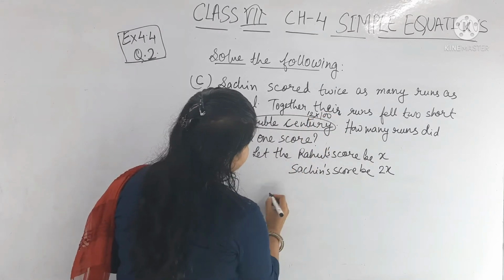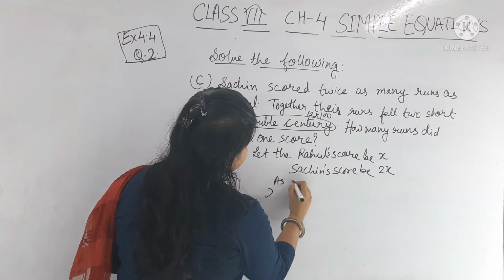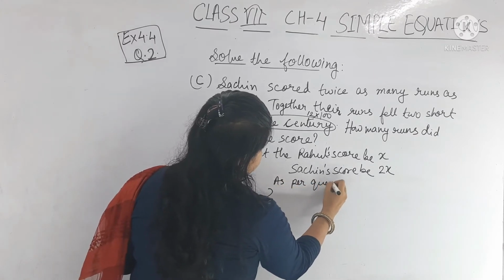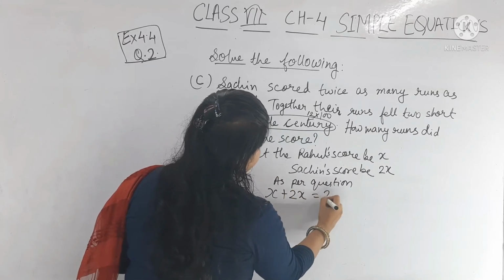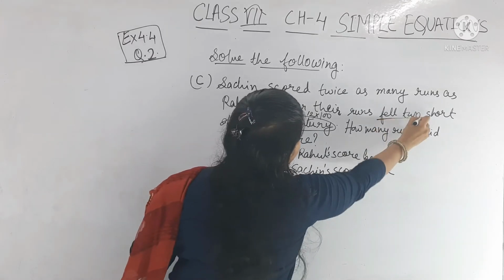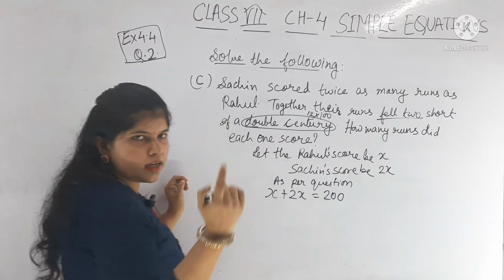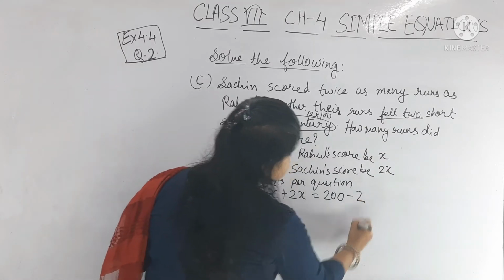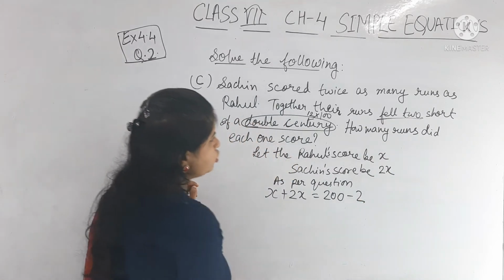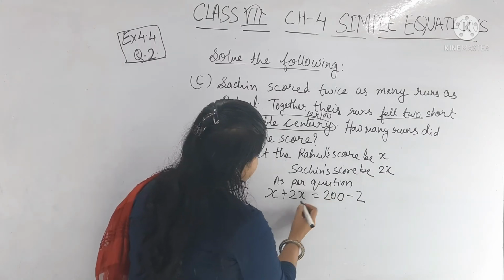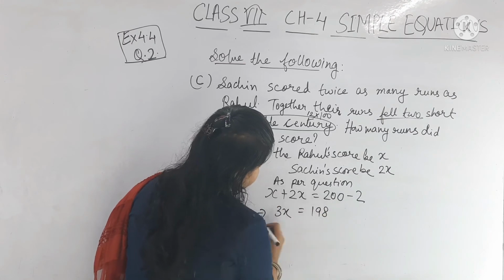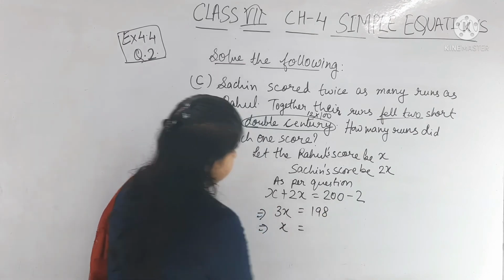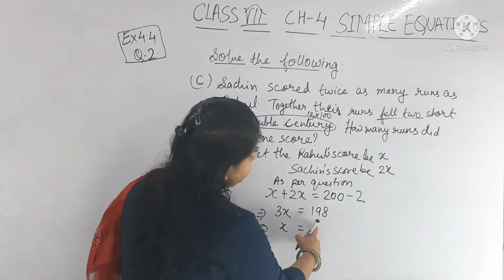So as per question, x plus 2x equal to 200, fell too short. Fell means here minus 2, too short is fell. So here 3x equal to 198, which can be divided by 3.